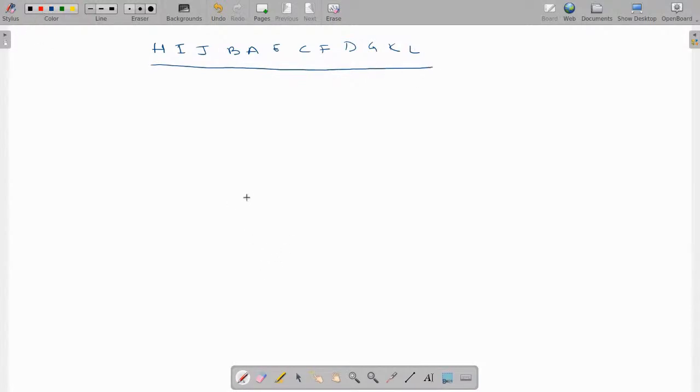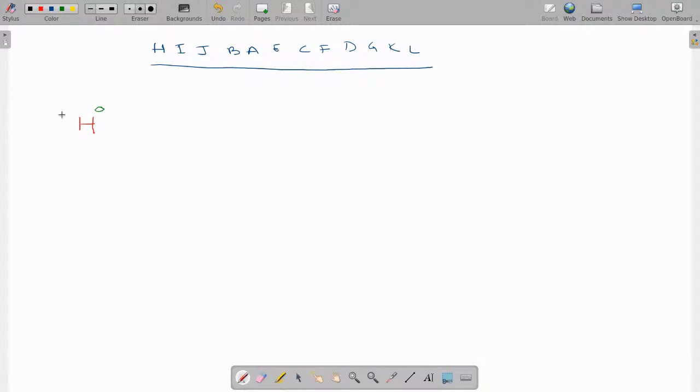We'll first insert H in my binary search tree. So H gets inserted, and what is its balance factor? It is 0, because there is no left subtree or right subtree here.